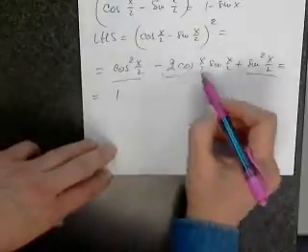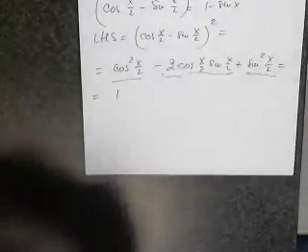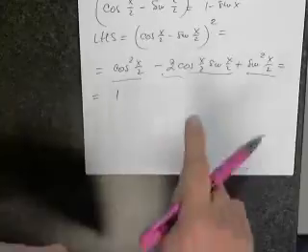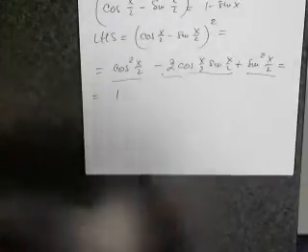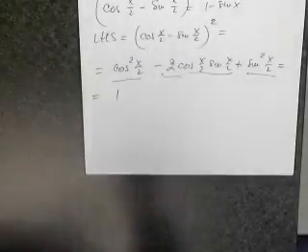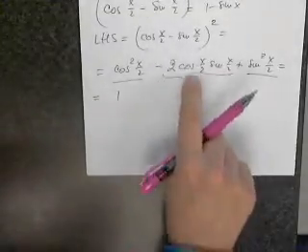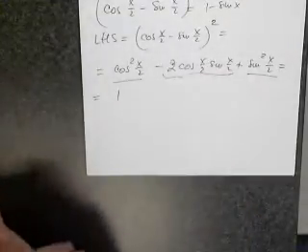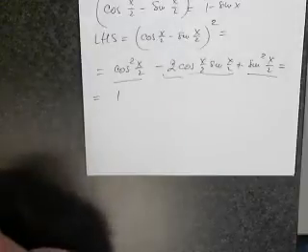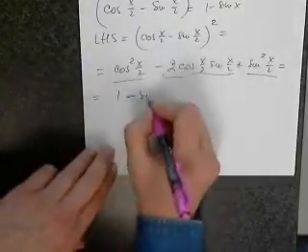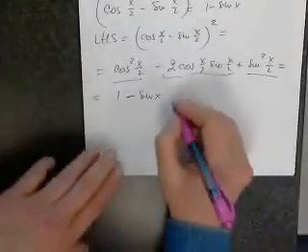Now I know what this is, because there is a formula or an identity that I know has 2 sine cosine. There is only one that has 2 sine cosine. Which one? Sine x in this case. So minus sine x. And it's done.